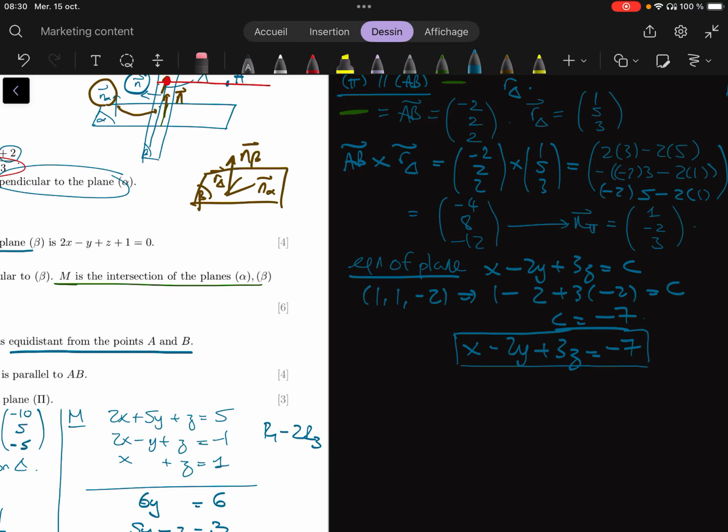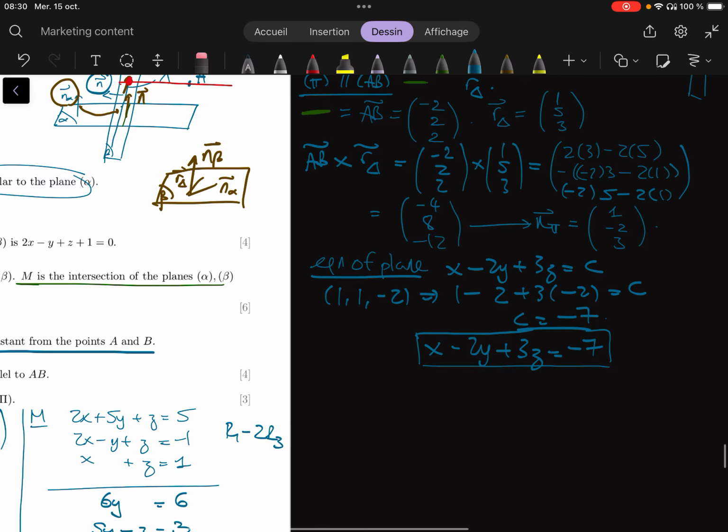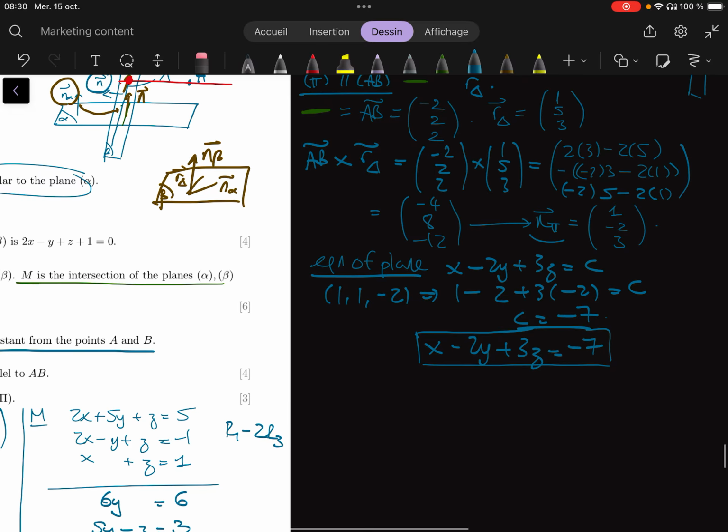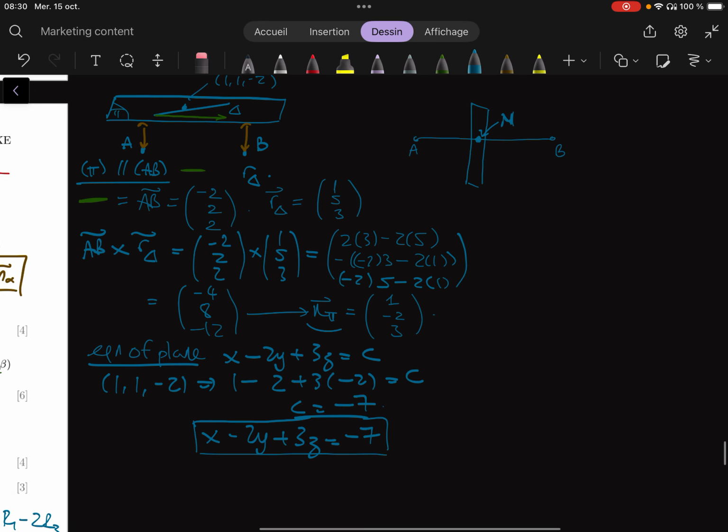Any equivalent answer will get full marks. So if you choose not to reduce the normal of pi, for example, that is totally fine as well.